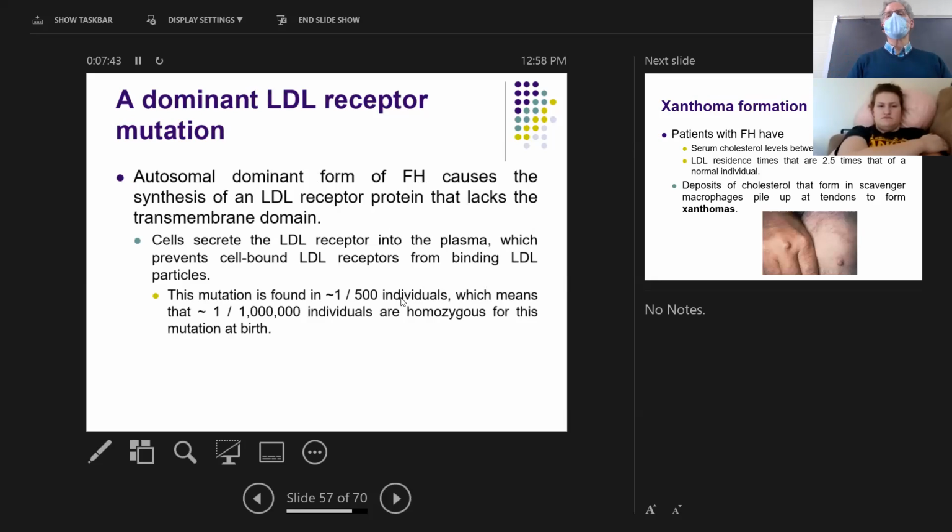And an autosomal dominant form is the one we talked about, where the LDL receptor is secreted. That's found in about 1 in 500 individuals, and about 1 in a million patients will be homozygous for this mutation at birth.